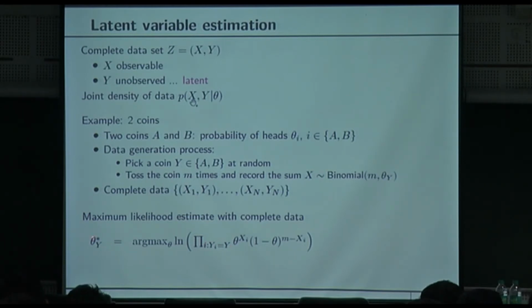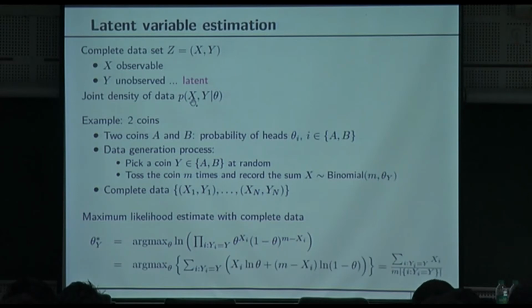So if I'm trying to estimate what happens to coin A, so theta star A, I only focus on those coin tosses where y was equal to A. So theta star A is argmax of theta log the product over yi equal to A, theta to the power xi, 1 minus theta to the power m minus xi. Many of these experiments have happened. I estimate what this term is going to be, and if you take a log of that, it becomes this quantity, and the estimate turns out to be very easy.